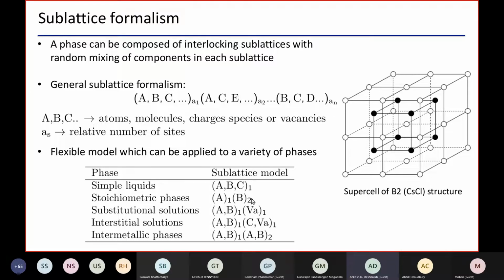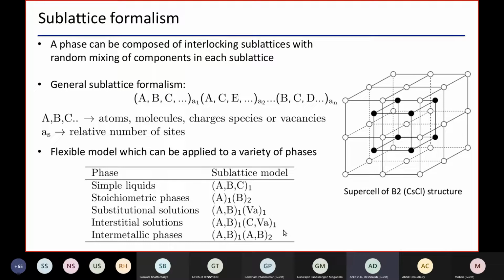So those we can account for over here, and substitutional solutions, where we tend to substitute one element by another element, that is substitutional solid solutions, where the vacancy remains as a vacancy, which is nothing but an interstitial site that is going to be vacant. And the interstitial solutions, where carbon, for example, goes to the interstitial site, and iron is in the substitutional site. So those things are modeled accordingly.